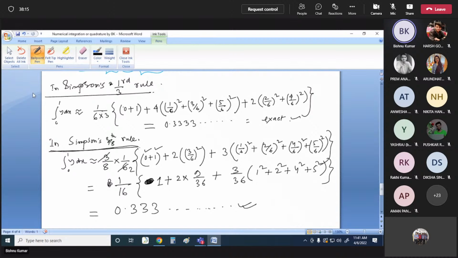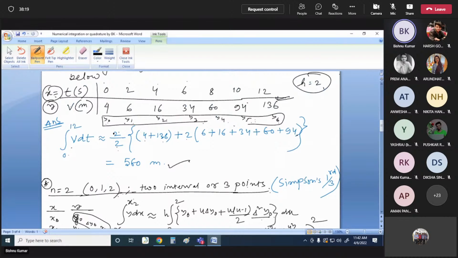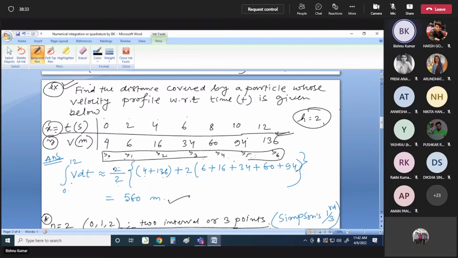Now Simpson 1/3 rule or Simpson 3/8 rule, with the help of trapezoidal rule we have solved this problem. Are you seeing this problem? Find the distance covered by a particle whose velocity profile with respect to time is given below.